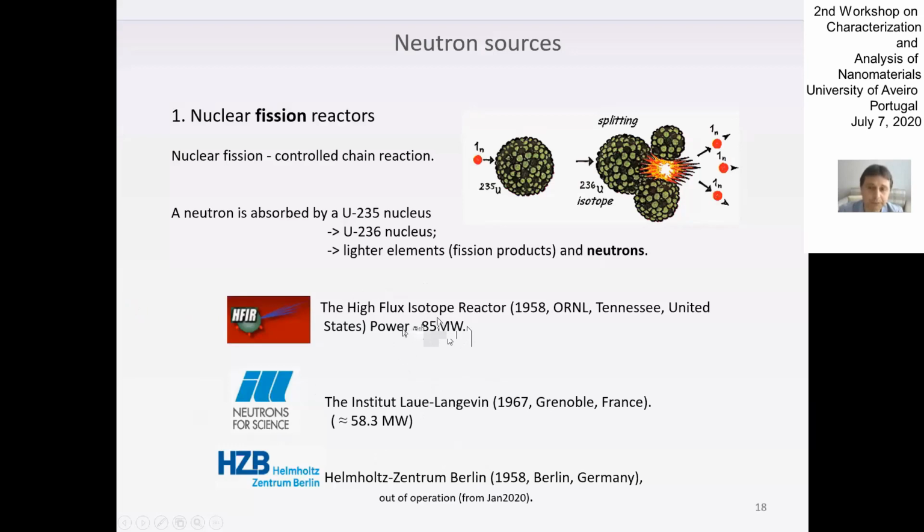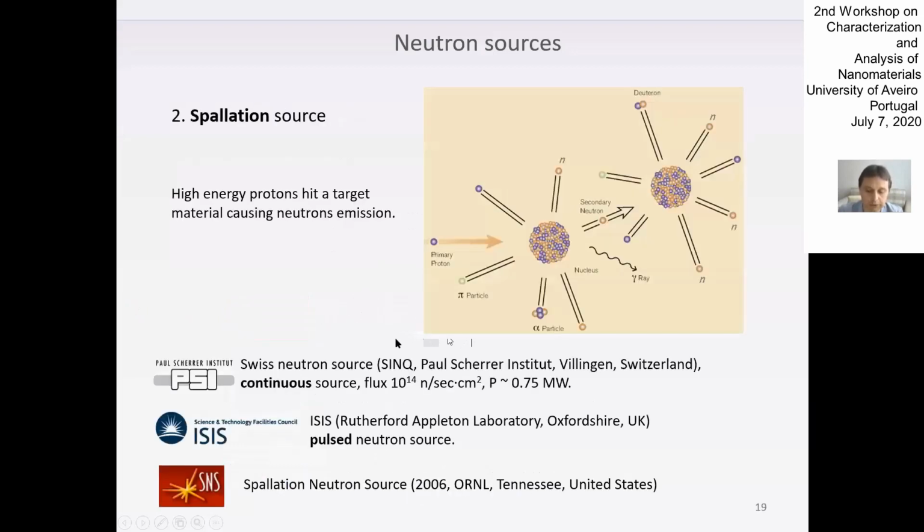So the next type of the way how to produce neutrons is spallation, so-called spallation sources. Then the accelerated proton collides with the particle, and as a result of this interaction, we have a release of neutrons.